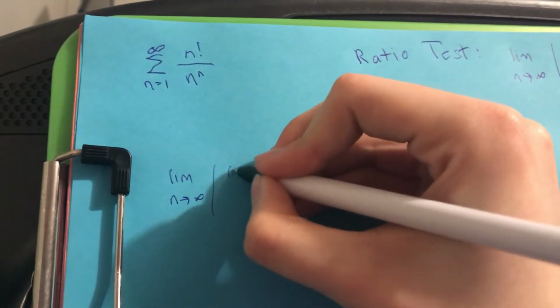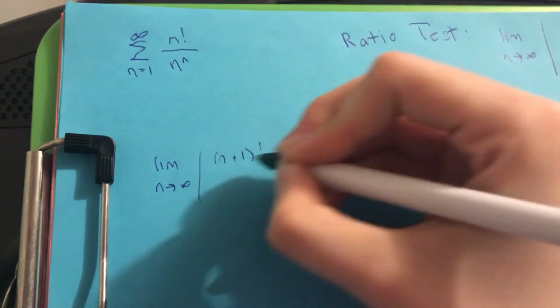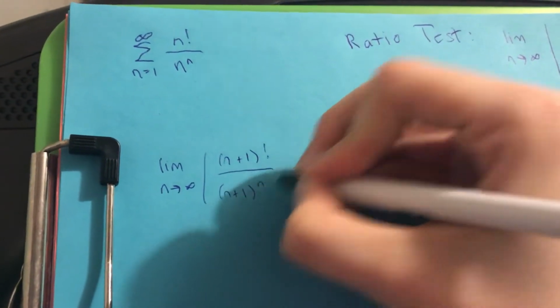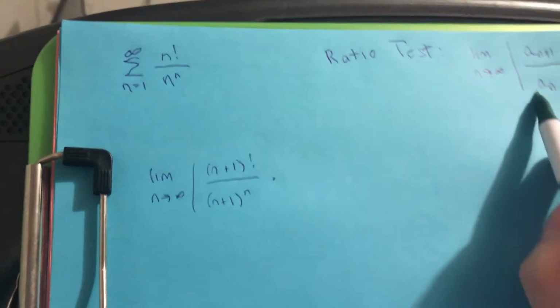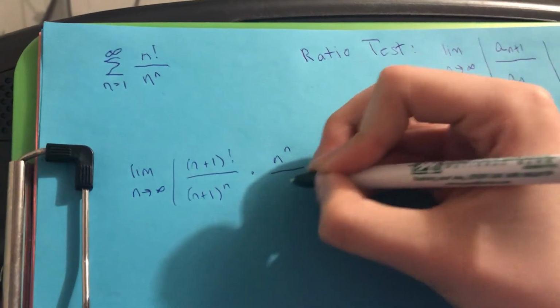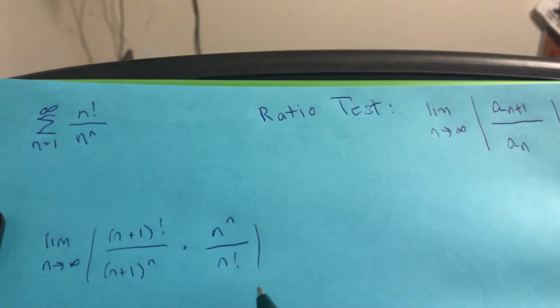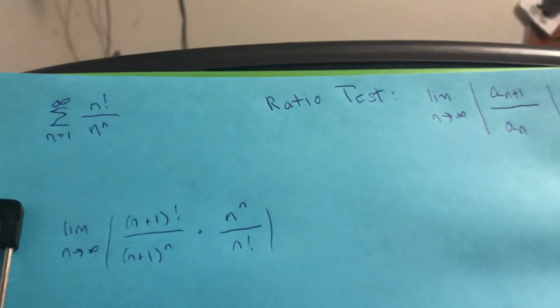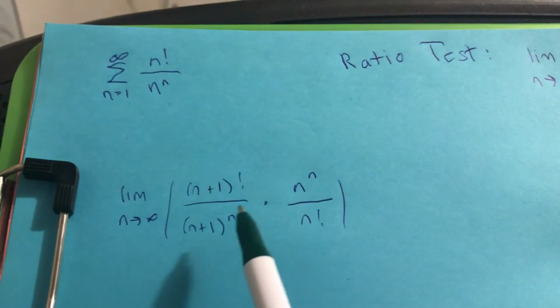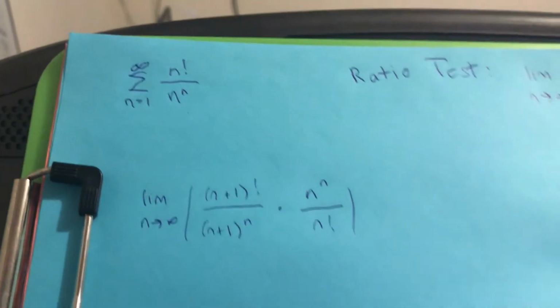It'll be (n plus 1) factorial over (n plus 1) to the n plus 1, multiplied by the reciprocal of the original, n to the n over n factorial. So we can start canceling stuff out and rearranging terms to get something less messy to work with once you put in infinity.